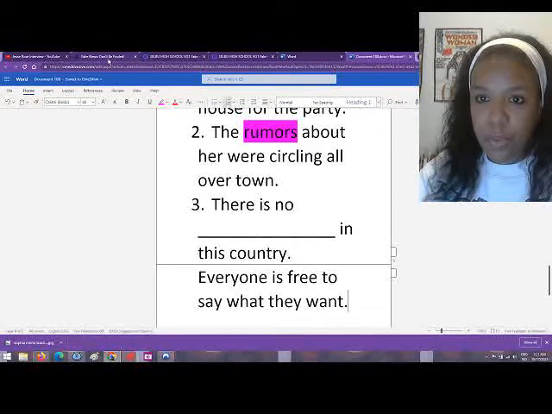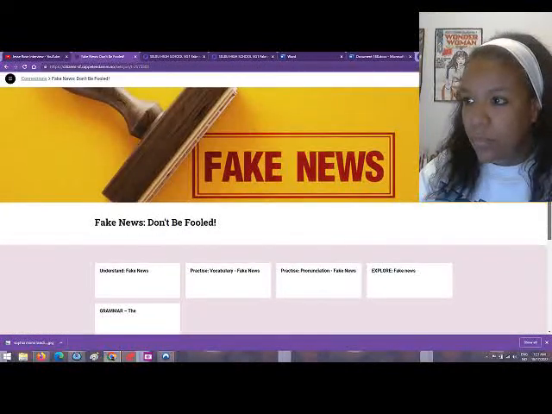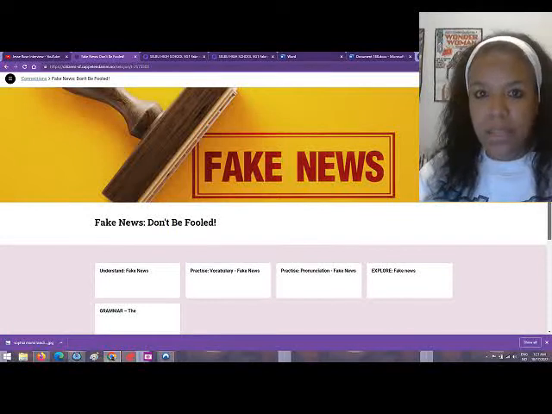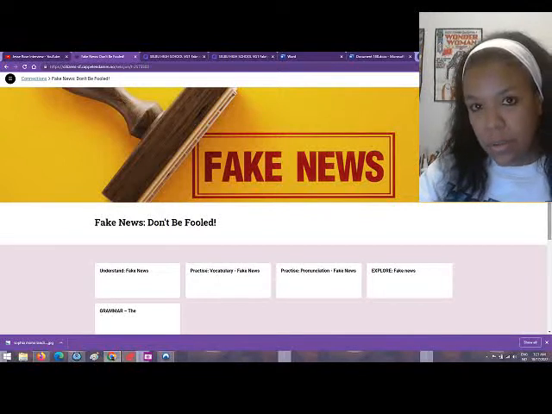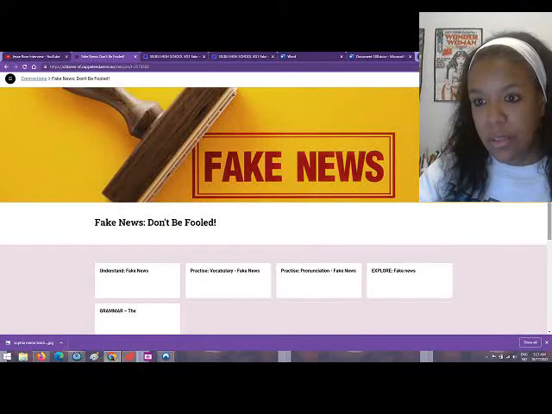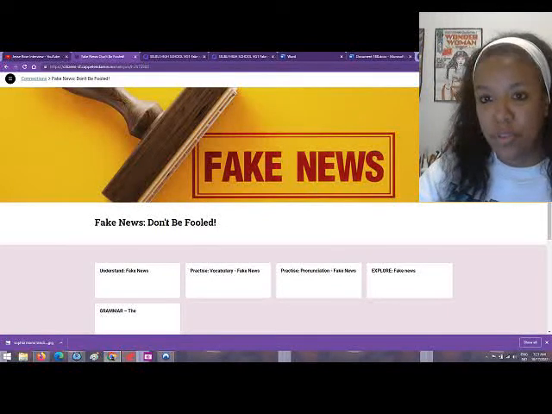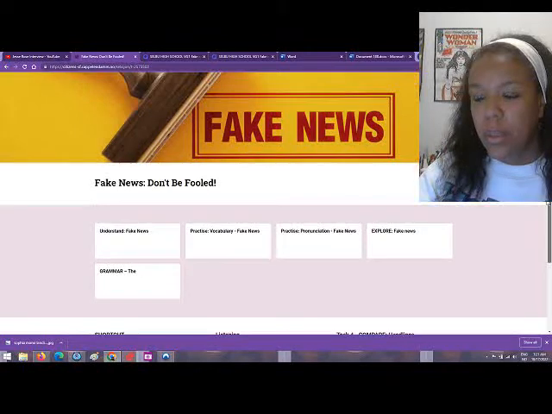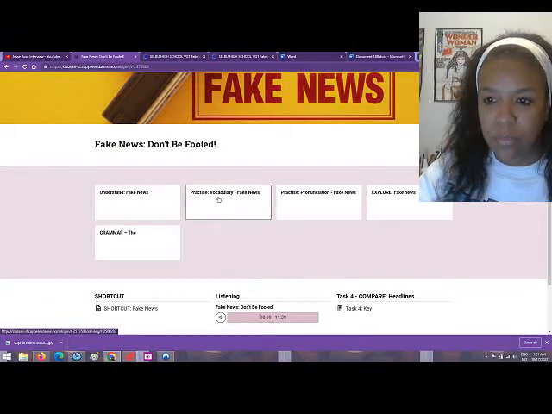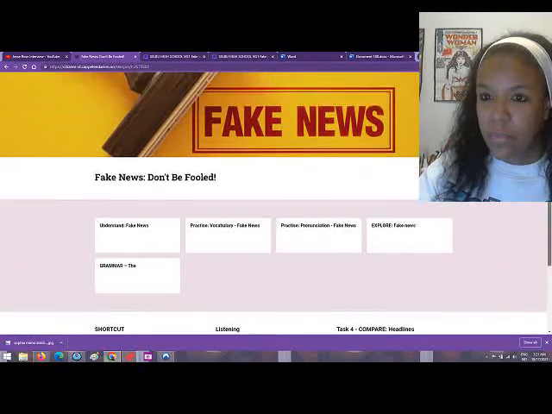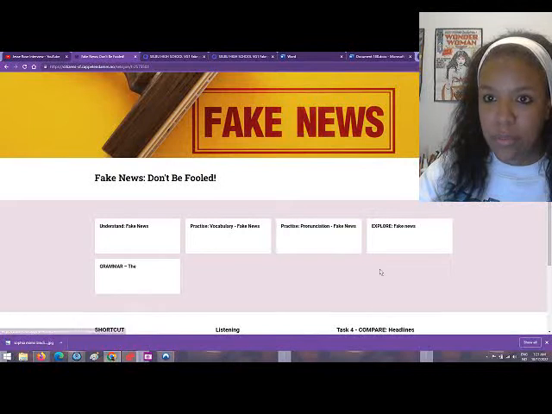For those of you wondering, if you haven't heard yet, or if you don't remember, the text that will be covered in this vocabulary and grammar test that you're taking is fake news. Don't be fooled. Some of you have already worked on all of these sections here on the website for the book.